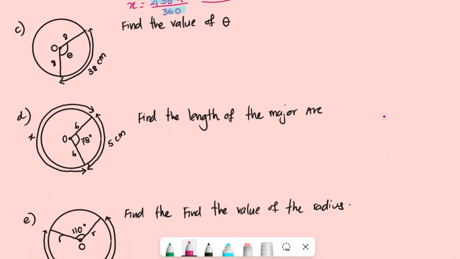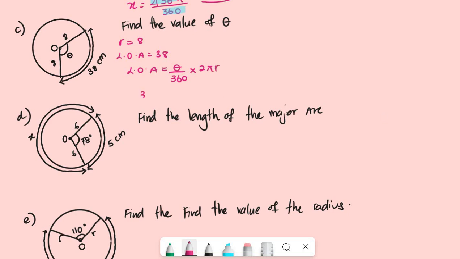For question C, they said find the value of theta. In order for me to find the value of theta, let's see what they have given. They've given me the radius, which is 8, and the length of arc, which is 38. Since they've given me the length of arc, I will use the length of arc formula to find my angle, which is theta. The length of arc formula states that length of arc equals theta divided by 360 degrees times 2 pi r.